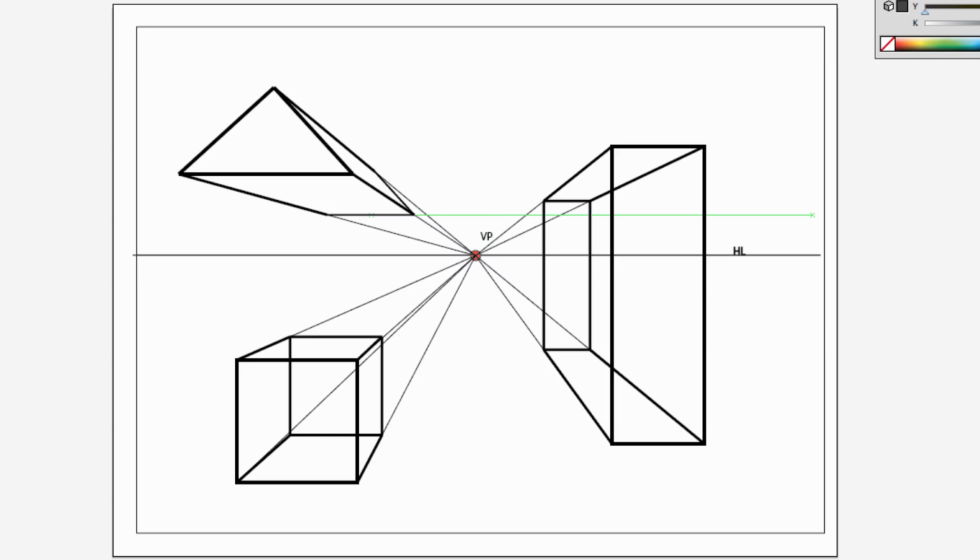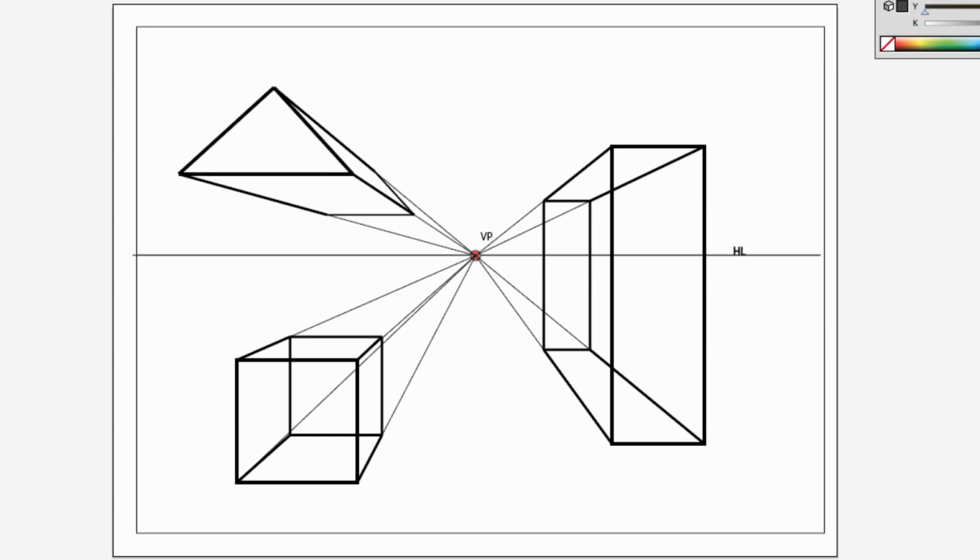I made them a little bit darker than the lines that are just the guidelines. It's important for our first few assignments that you leave the guidelines in so that I'm able to evaluate how well you're utilizing your vanishing point. It also helps me to figure out if things go wrong, maybe where they went wrong.